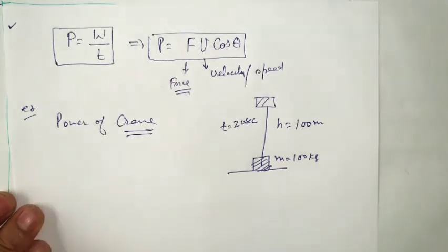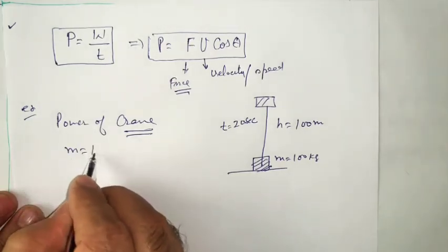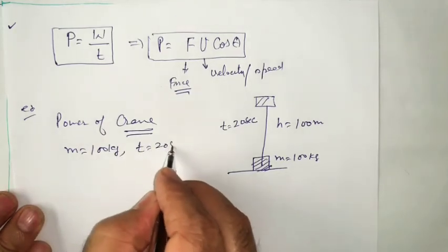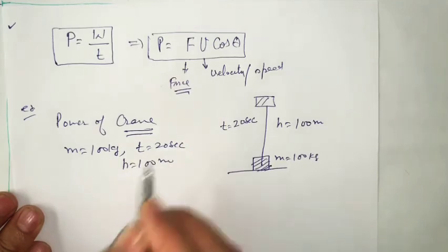Very simple. First of all, what are you given? Mass is given 100 kg, time is given 20 seconds, height is given 100 meter.